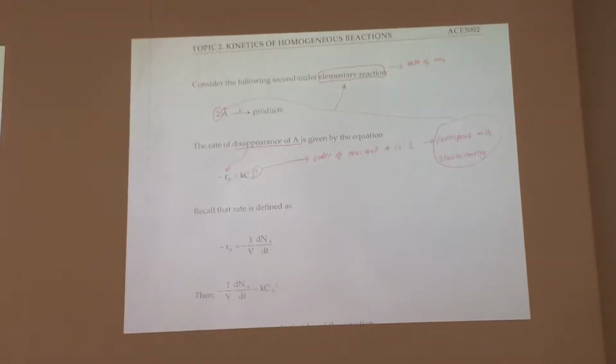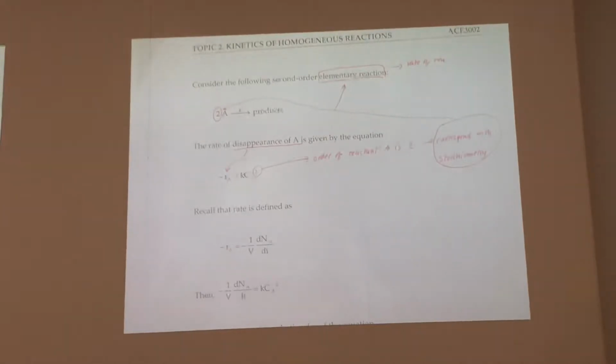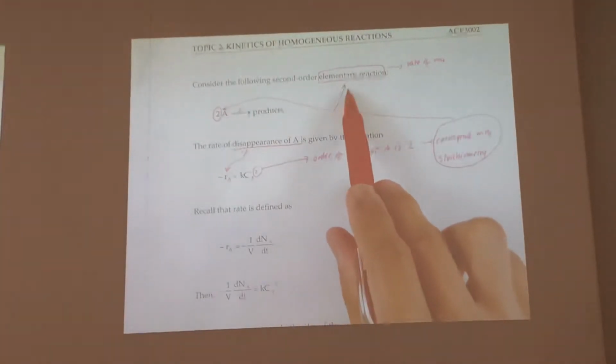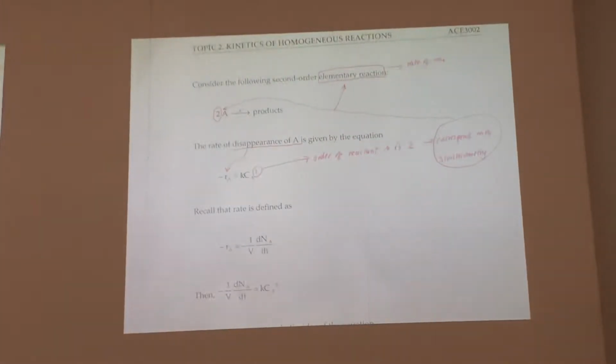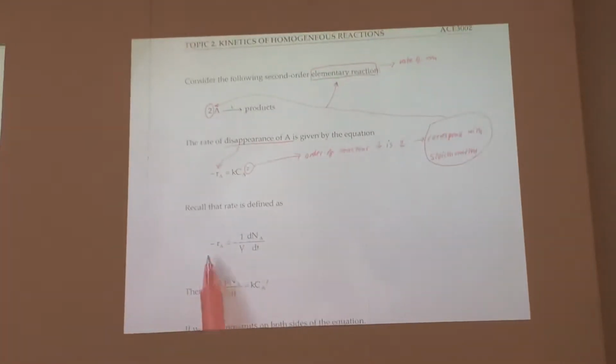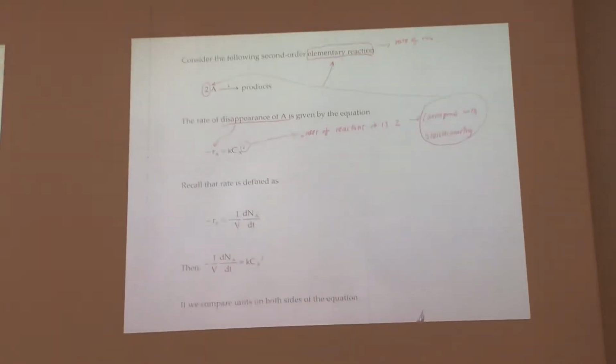So now you know roughly that when I see the word elementary reaction, I know what this piece of information means. For this, the rate of disappearance of A is minus rA equal to k CA squared. And we have to recall a little bit of topic 1. Basically, minus rA is also equal to minus 1 over V dNA over dt. Still remember this?